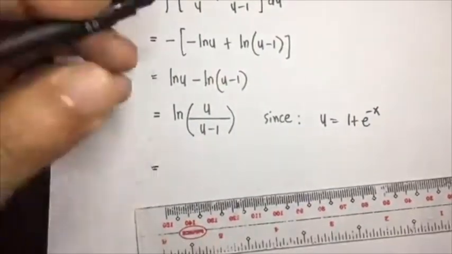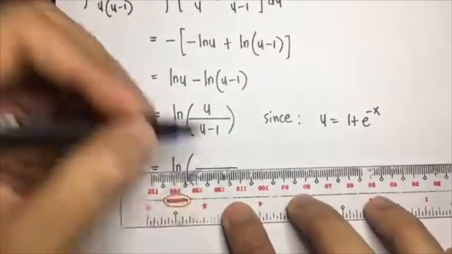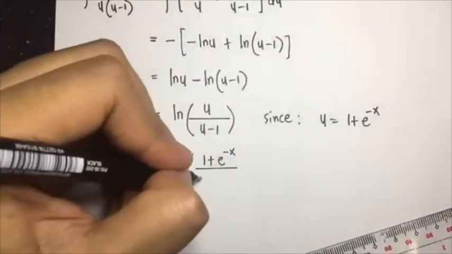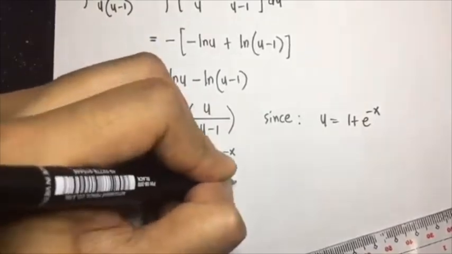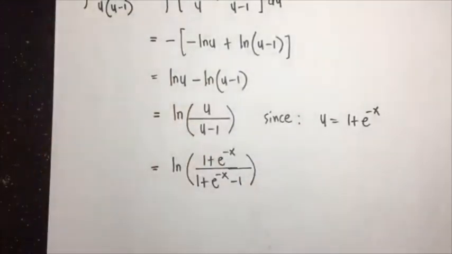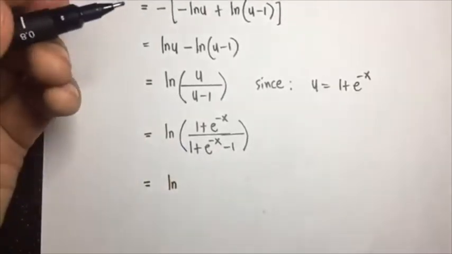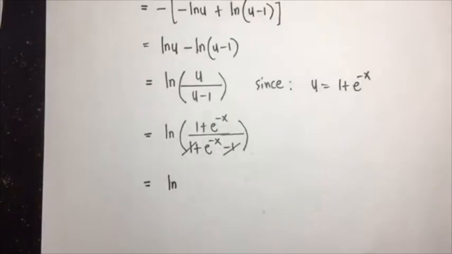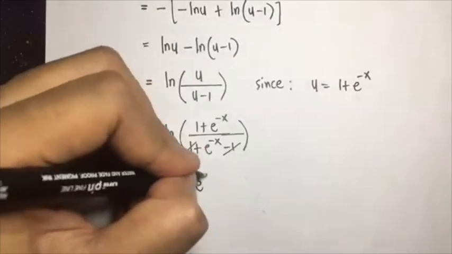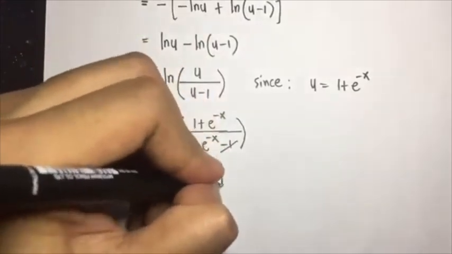This will become ln of 1 plus e to the negative x over 1 plus e to the negative x minus 1. Simplifying, the 1 will cancel, so 1 over e to the negative x becomes e to the x, and then e to the negative x over e to the negative x becomes 1.